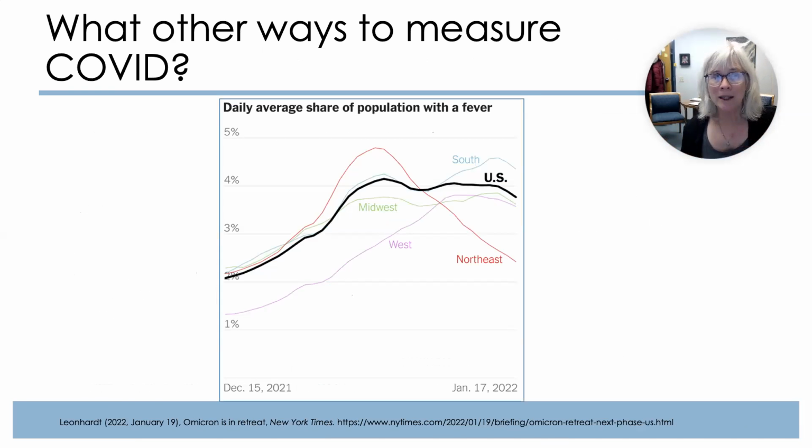Another way that we could be looking at COVID, that we could operationally be defining our conceptual variable, our construct, the rate at which COVID is impacting our country, is by looking at the daily share of population with a fever.